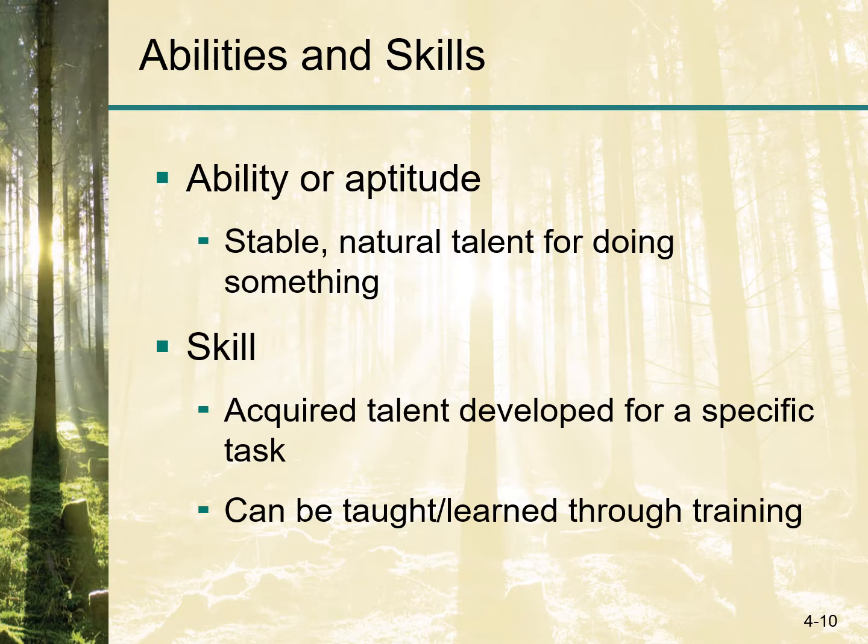And so skills can be taught is the notion, whereas abilities or aptitudes, they can be taught but not quite as extensively as skills. It's more as if you are molding a piece of clay with potential already into something that you want it to be, whereas, you know, with skill, you're taking mud and making it into your statue because there's really nothing to start with. That's kind of the notion.